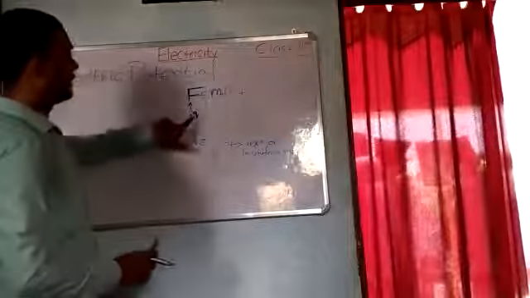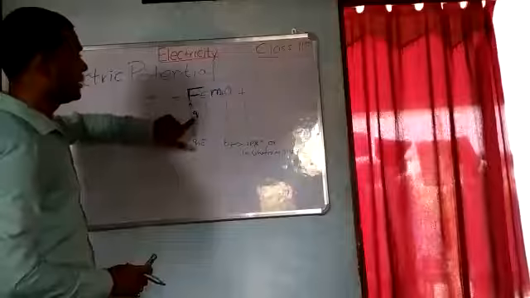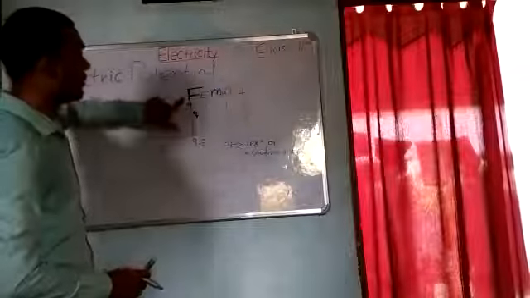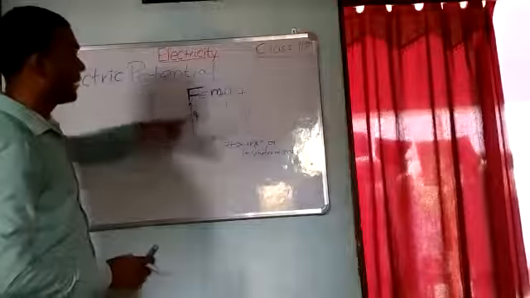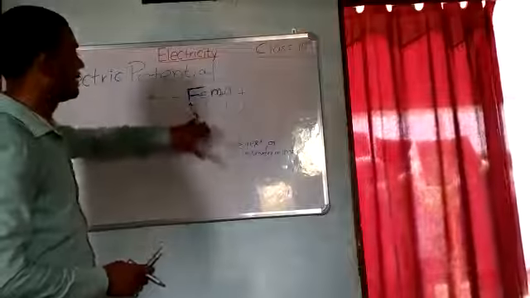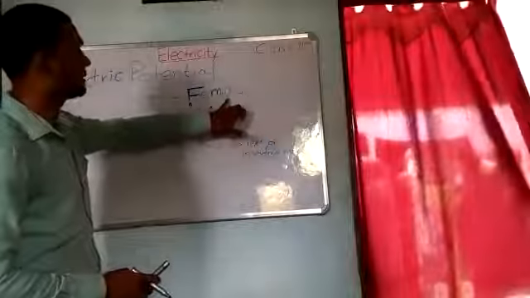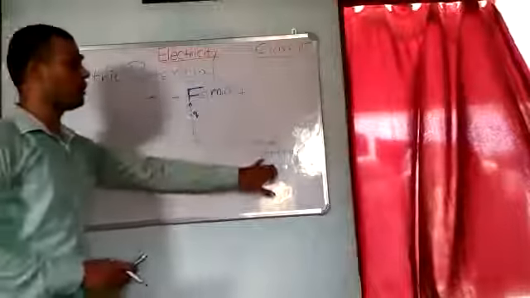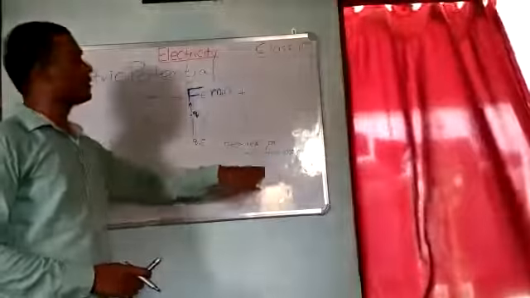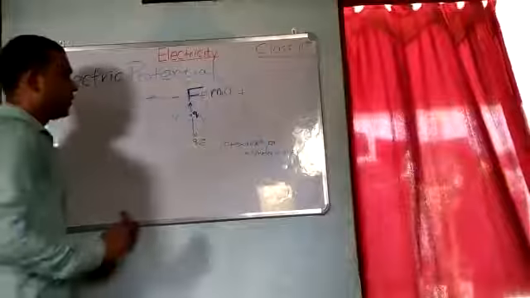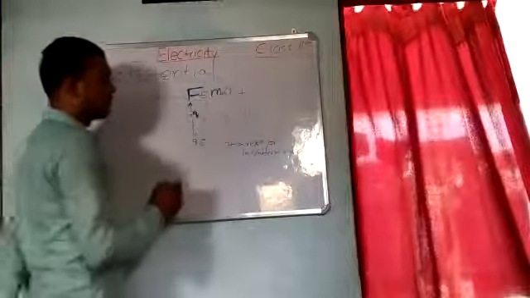But here, if this Q goes upward, we have to put some force on it, which equals mass into acceleration, and we know that acceleration is not uniform motion. So we have to manage it.